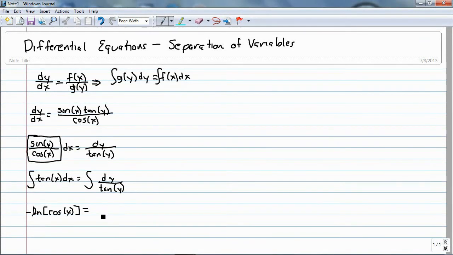And the other side is the natural log of sine of y. Now, because I'm doing indefinite integrals, I need to remember to add a constant here.